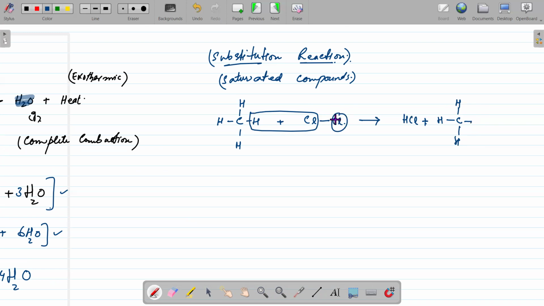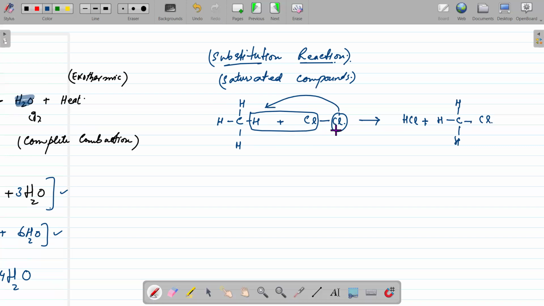So this chlorine atom now can attack or make a bond with the carbon atom. So you can see what we observed: one of the hydrogens is substituted by the chlorine atom. So this is the simplest way to remember this substitution reaction. So what is actually a substitution reaction? That one of the hydrogens is substituted by another atom.